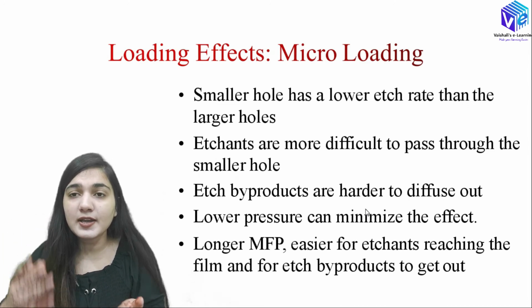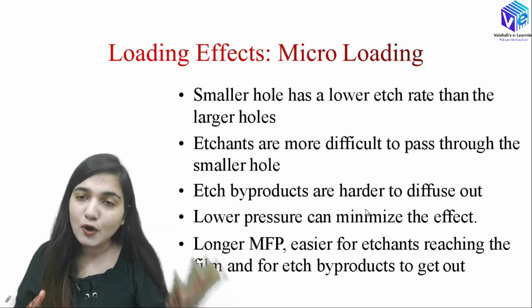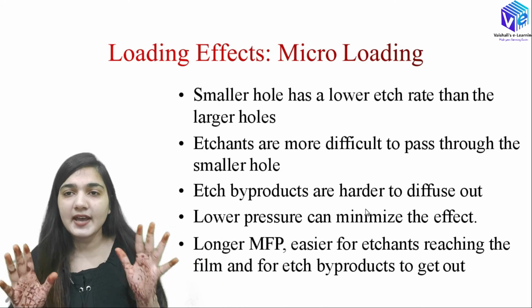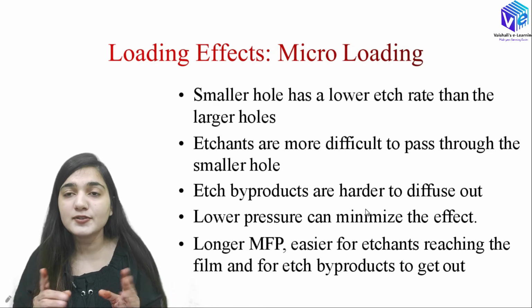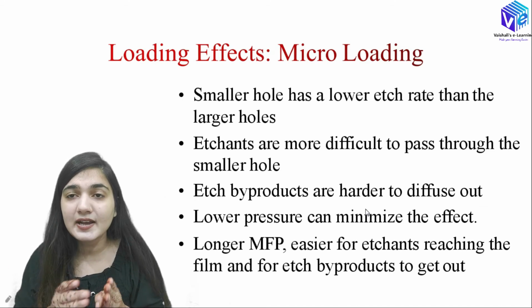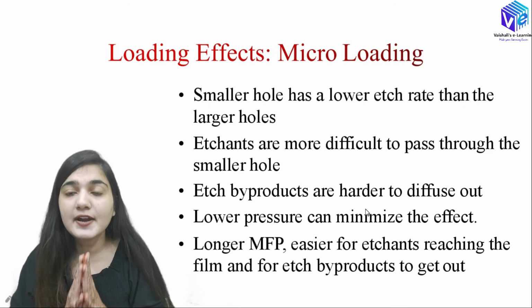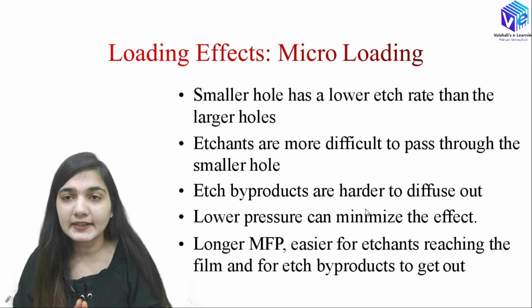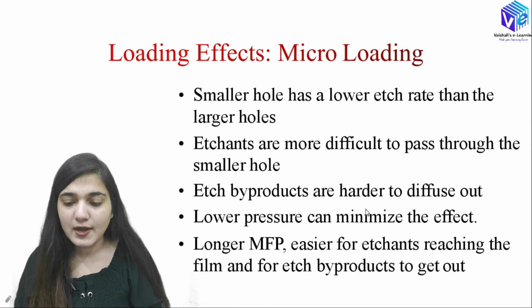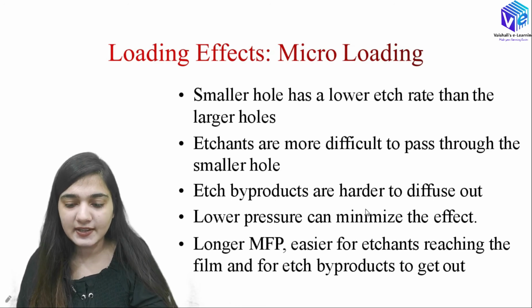In the diffusion process there will be a lot of time involved and the etch rate will slow down. So if I have smaller feature size, I will be having lesser opening area, so the byproducts will not be going out, and I will be having the higher diffusion time, which will be impacting the etch rate. Okay, so etch byproducts are not removed very fast, which will be affecting the etch rate.